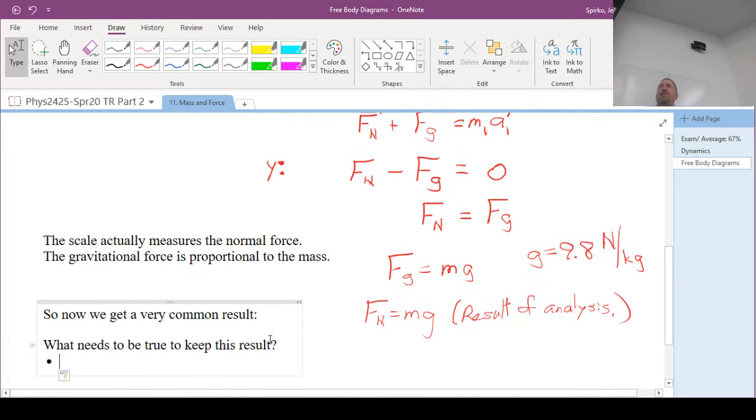So what are the things that I built into this analysis that we could possibly break, that we could change to make the result no longer true?